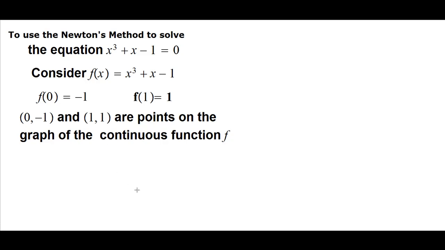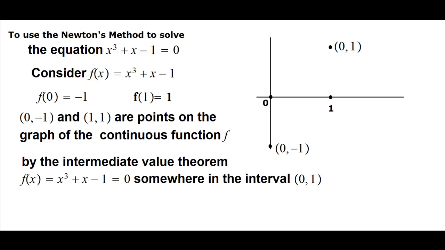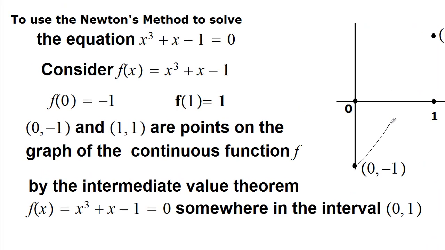Going along, if we apply the intermediate value theorem, then the graph of f is going to pass the x-axis somewhere between 0 and 1. So let's go ahead and make a guess of the solution, and then we shall use Newton's method to get an approximate value of the solution.